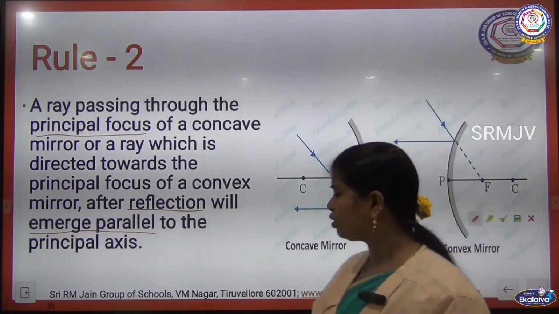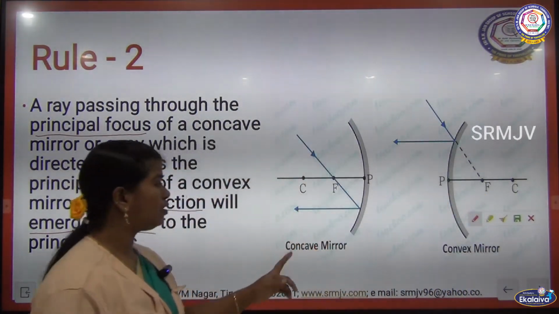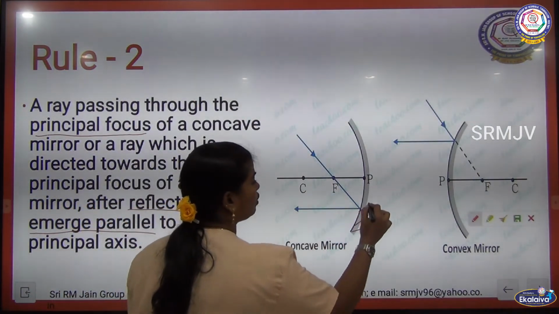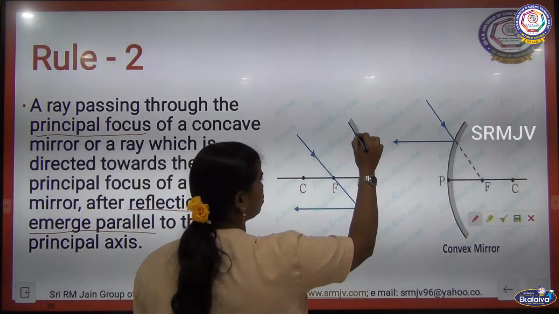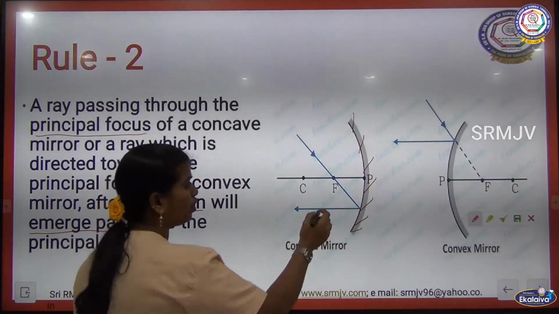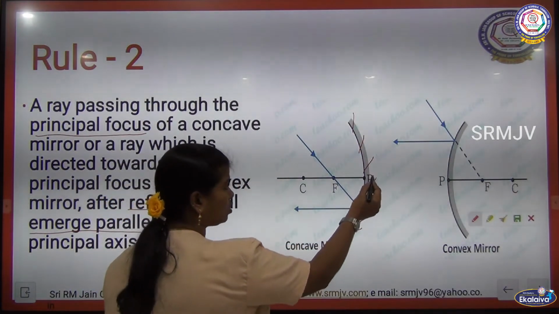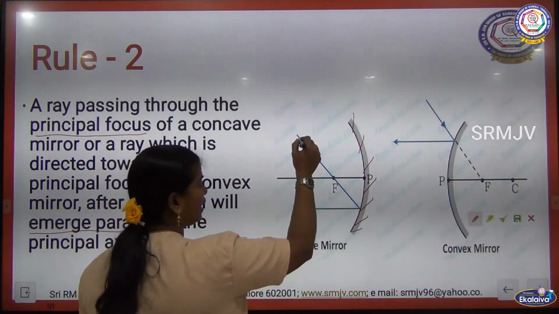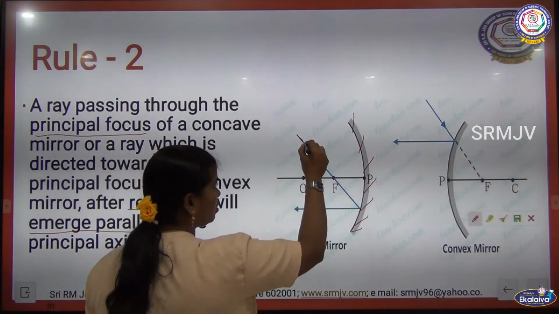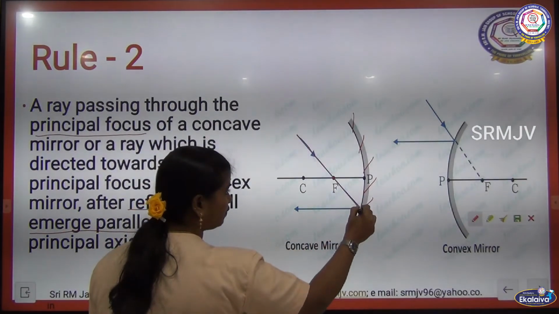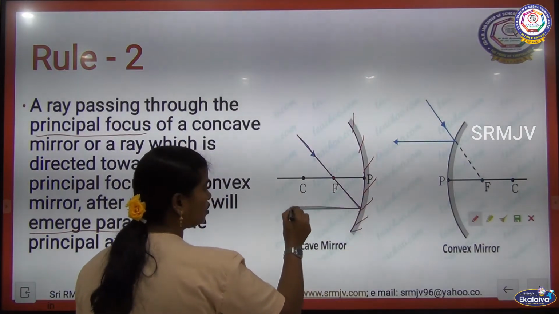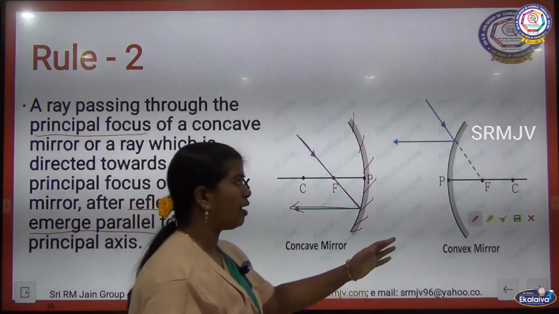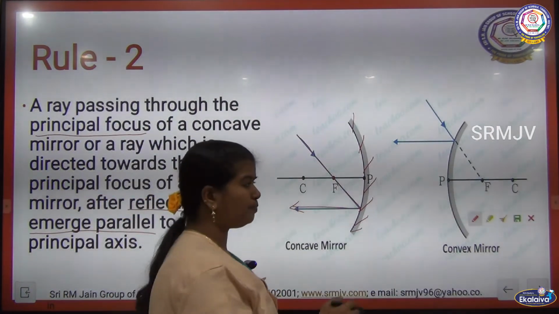So now just look at the pictures, and here is the concave mirror, reflecting and non-reflecting surface supposed to be drawn, and you have to mark the parts pole, focus and center of curvature. A ray passing through the focus, after reflection it will emerge out parallel to the principal axis, and you can see it here also.